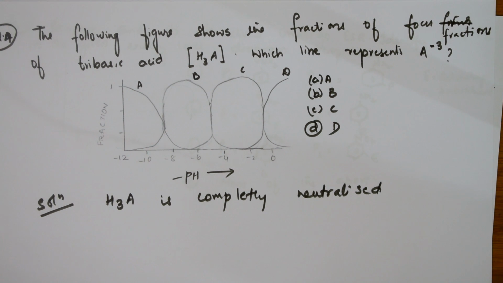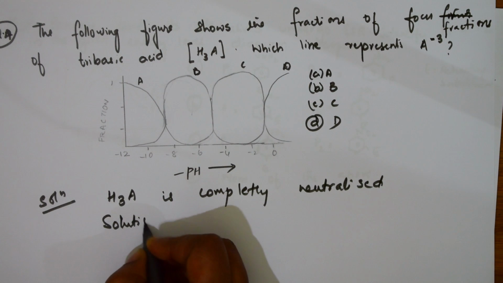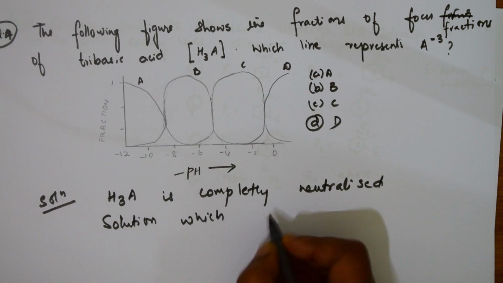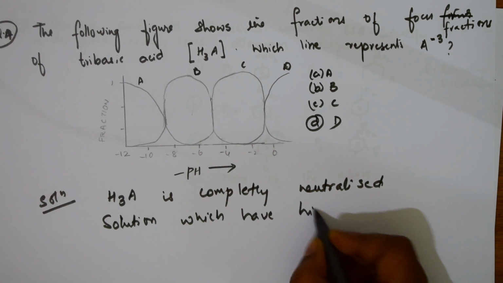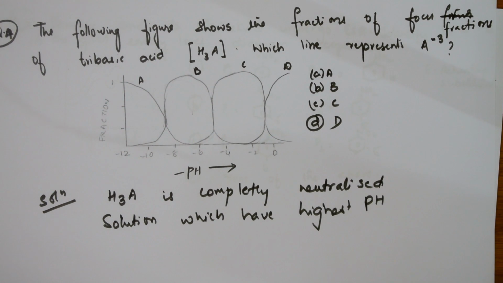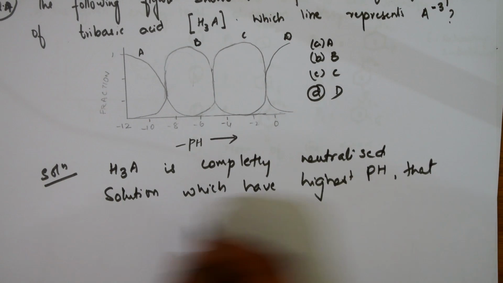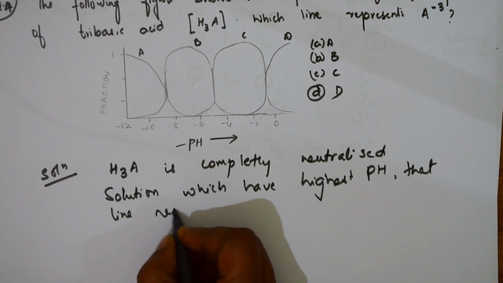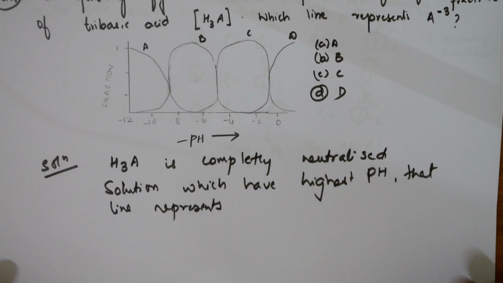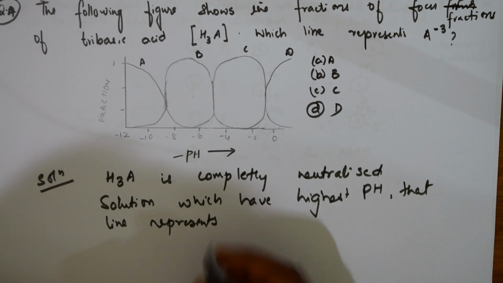Once again, the solution which has the highest pH. Let me write what I'm telling: the solution which has highest pH, that line represents A minus 3.